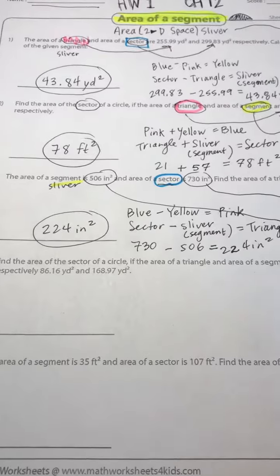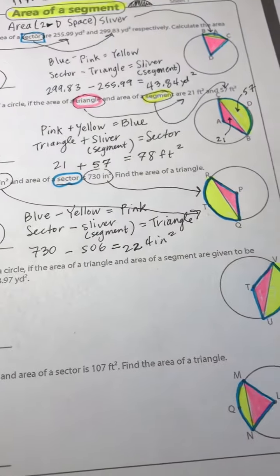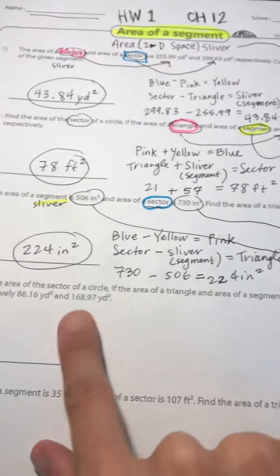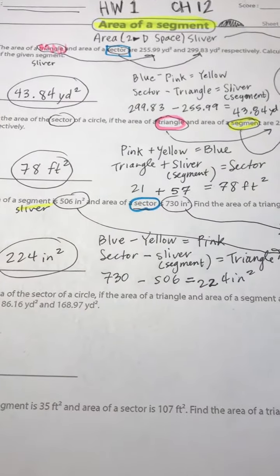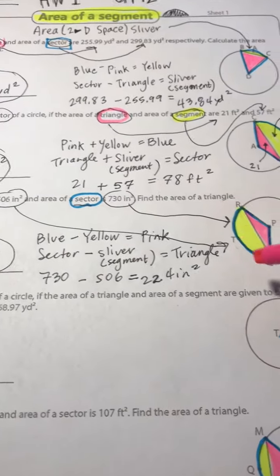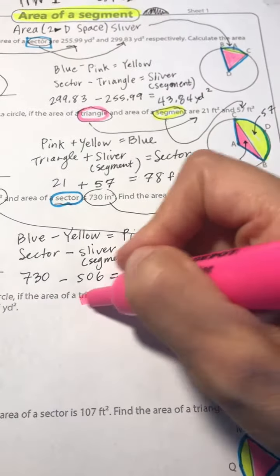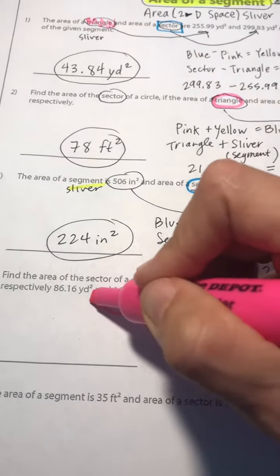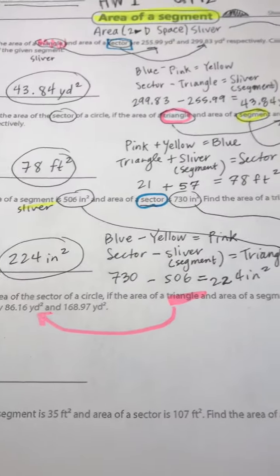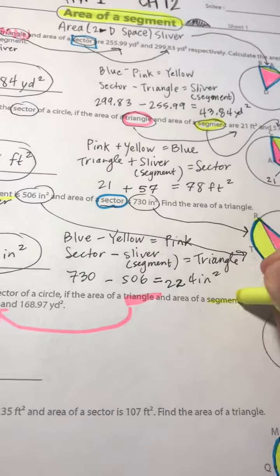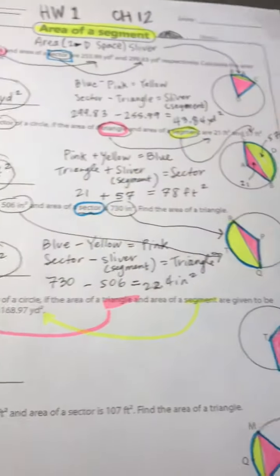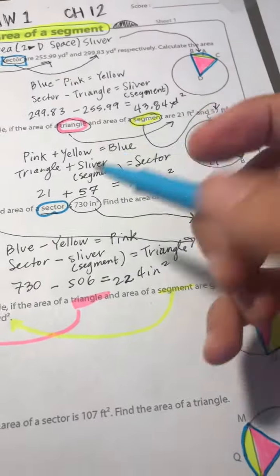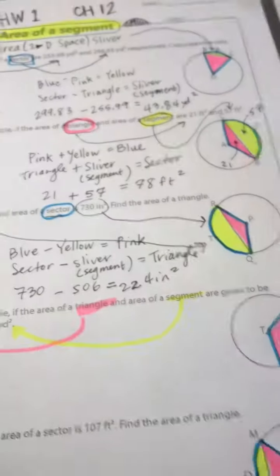Now it says, find the area of the sector. So I'm trying to find the blue part. If the area of the triangle is this first number, and the area of the segment, which we also call our sliver, is the second number. And so I'm hoping that you drew an analogy to question 2.